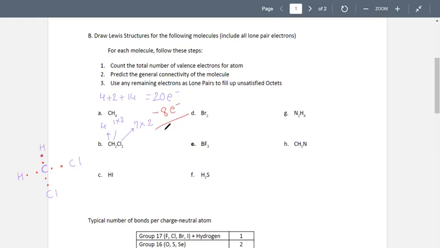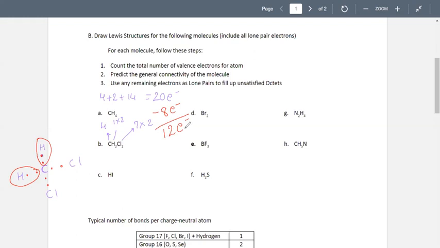So I have 12 electrons remaining. Now I'm going to look at these and see which one of these needs the electrons. So this one is full. Hydrogen does not need any. Now the chlorine has 1 and 2, 1 and 2. That means those chlorines need electrons. I'm going to start with any one of these chlorines.